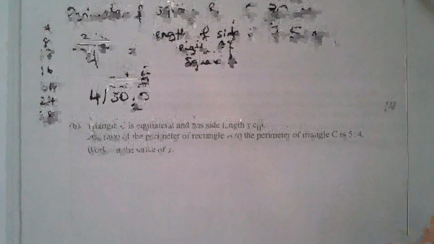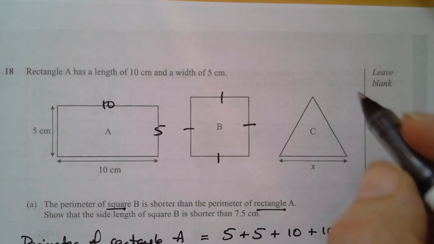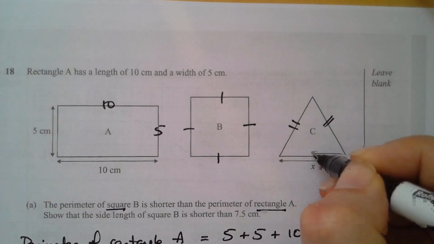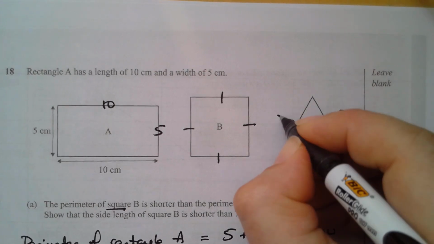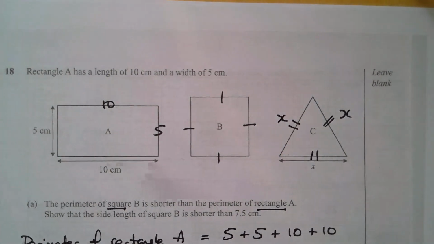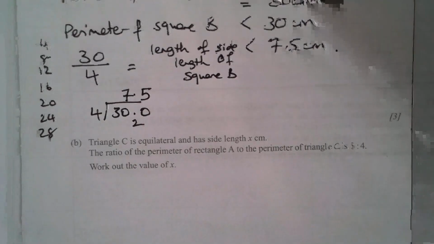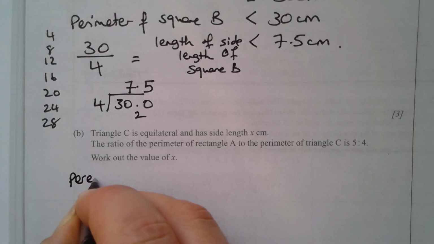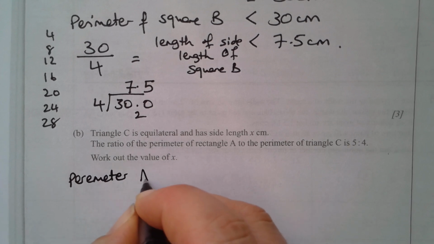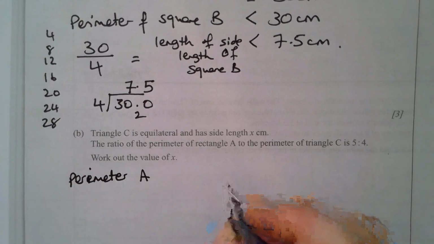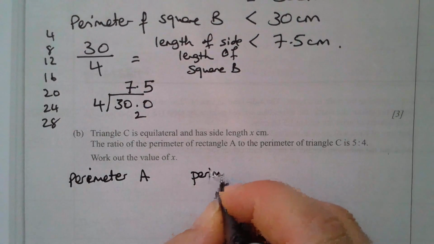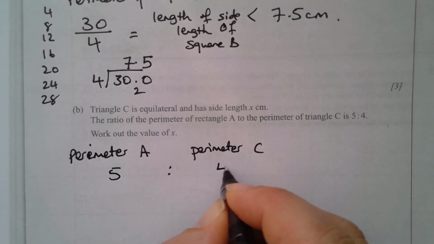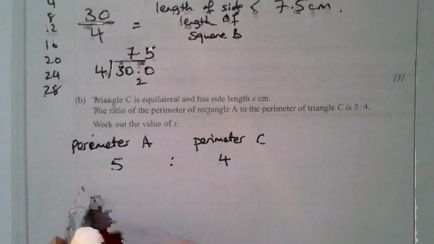Triangle C is equilateral. This means that this length and this length and this length are the same, so this length is X and this length is X as well. The ratio of the perimeter. That's in the question. So I'm going to draw my boxes.